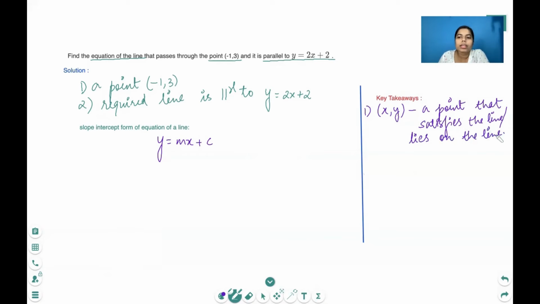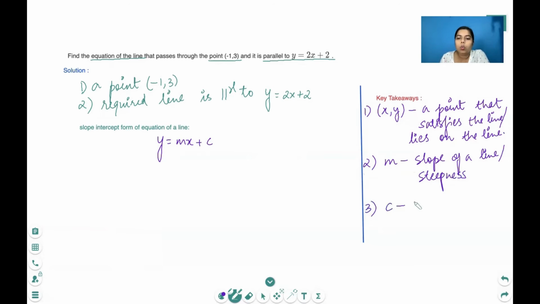Now let's move on to the next information, the constants m and c. M represents the slope of a line. What is the meaning of the slope of a line? It is basically the steepness of a line, how steep a line is. Next is c. What does c represent here?